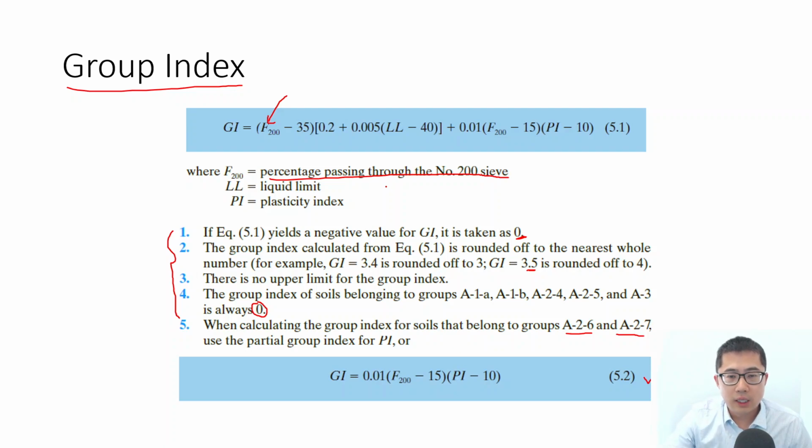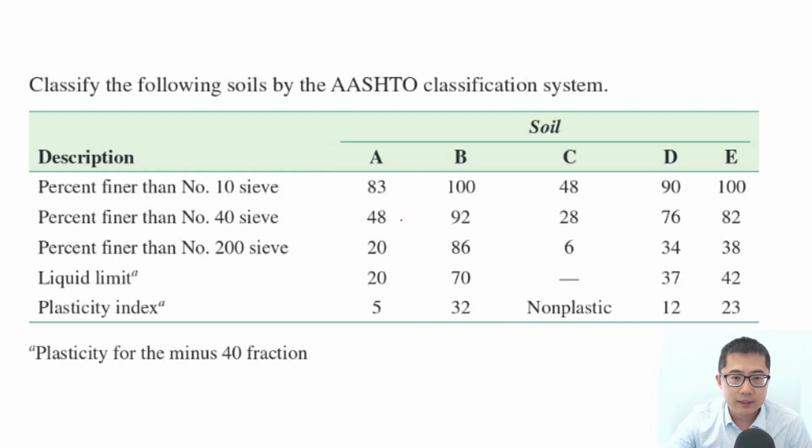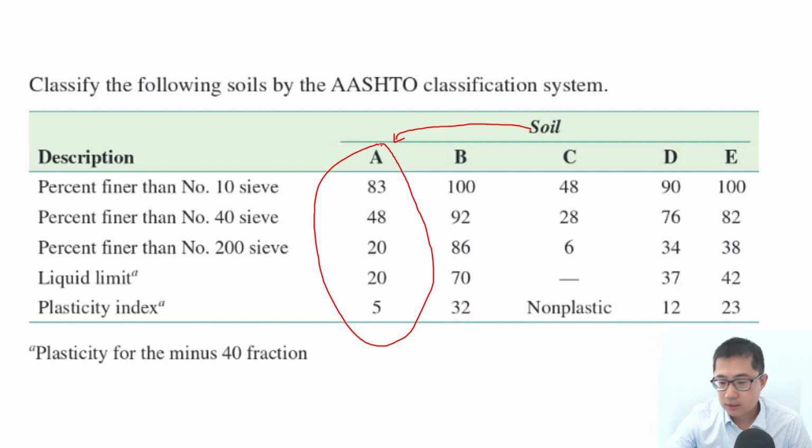So there are a lot of rules, but I think nothing is easier than just doing an example. Let's look at this soil A over here. I want you to write down all those numbers so that we can go back to those tables. You have a percent finer. When they talk about percent finer, that basically means percent passing, right?